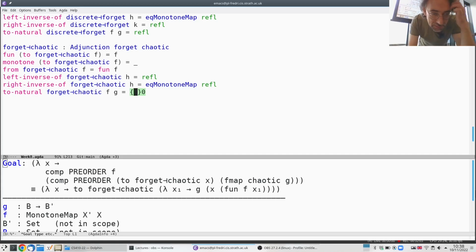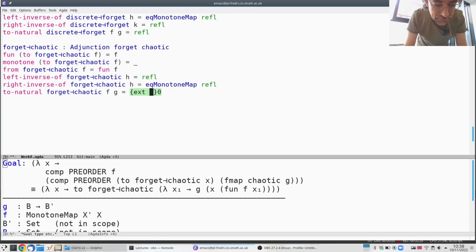You're talking about compositions in pre-order, so you are comparing monotone maps, right? Yes. So what needs to happen here? Okay, compositions in pre-order. So I need to use extensionality, I suspect. Well, I've got lambdas. Oh, yeah.